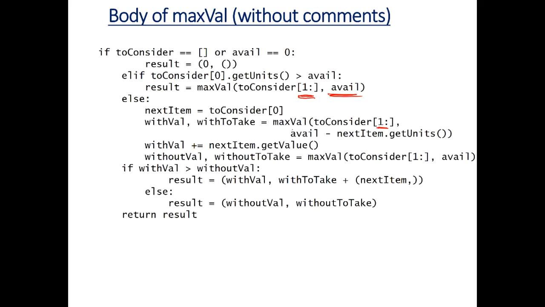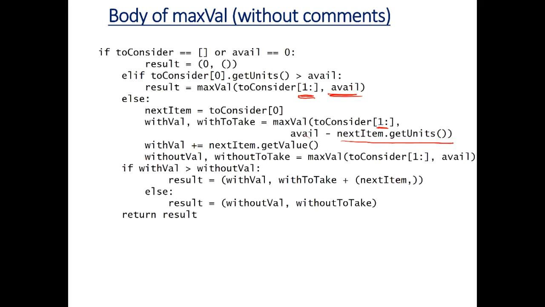But available has to change because now we have to reduce it by the units of that item, to consider sub 0. And then we can increase with val by the value of that item. All right, so far so good.